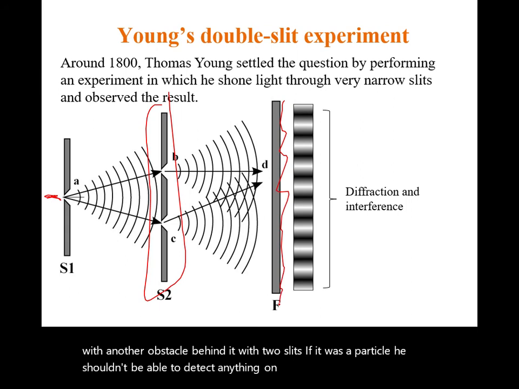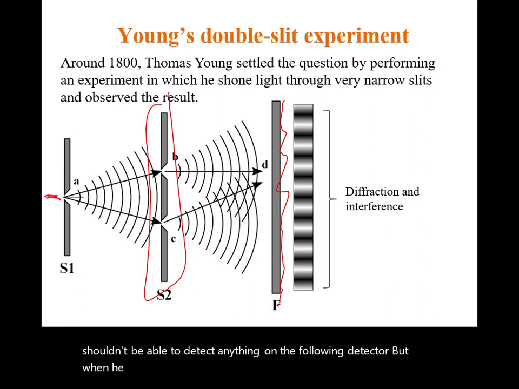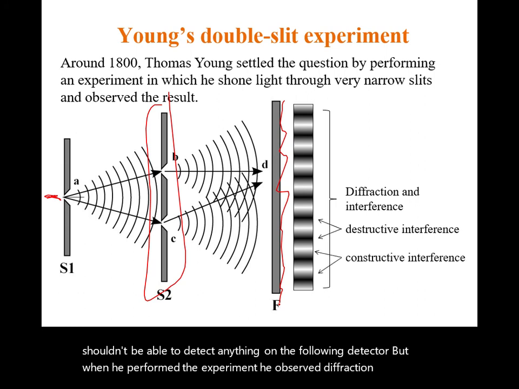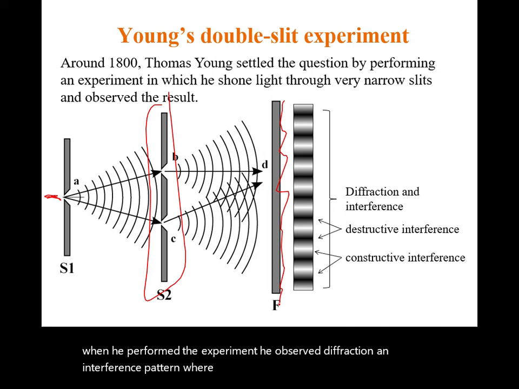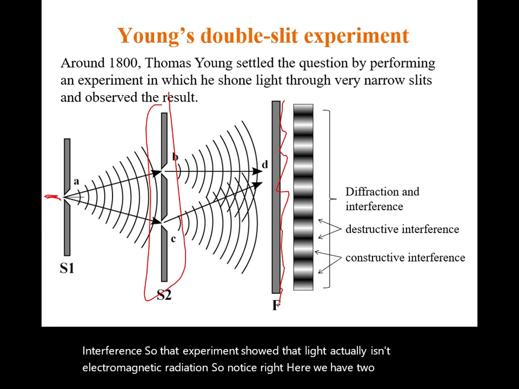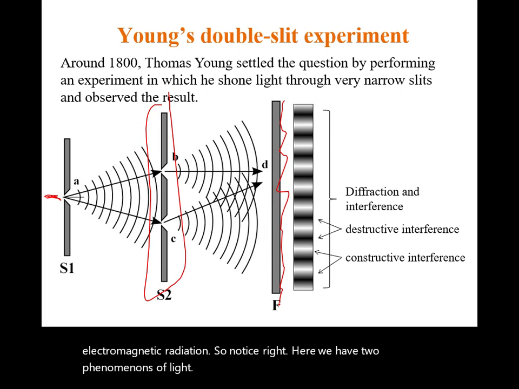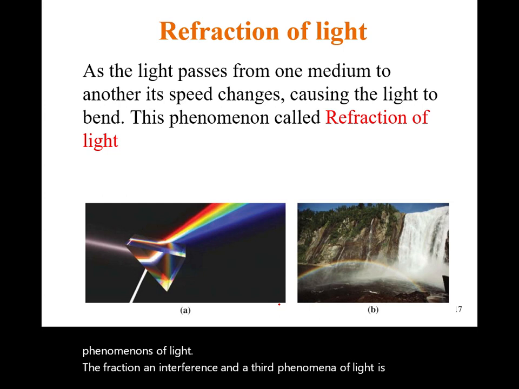But when he performed the experiment, he observed a diffraction and interference pattern, where the bright spots are constructive interference and the dark spots are destructive interference. So that experiment showed that light actually is an electromagnetic radiation. So notice right here we have two phenomena of light: diffraction and interference.